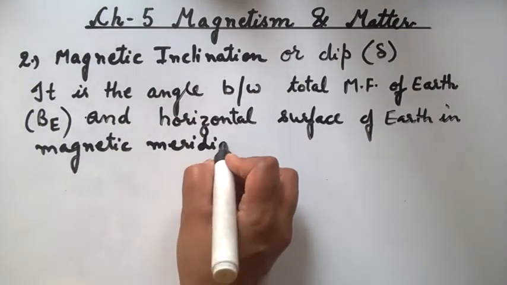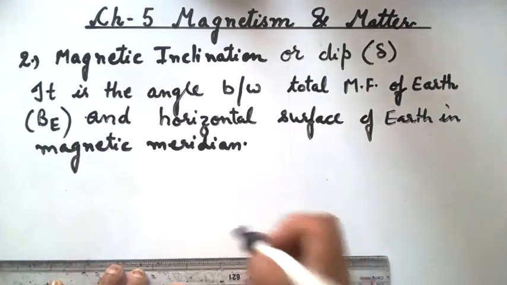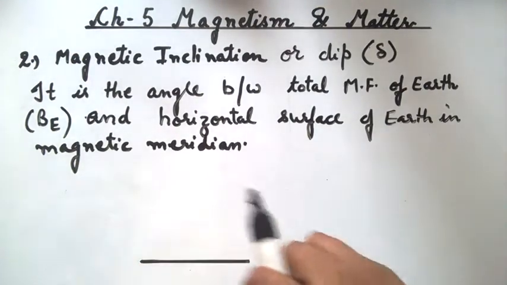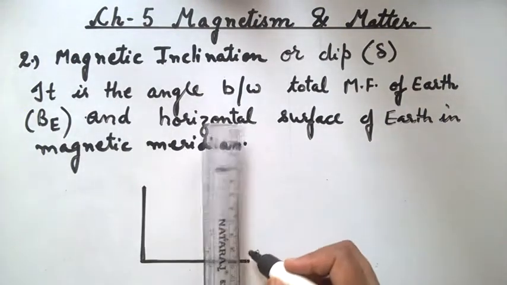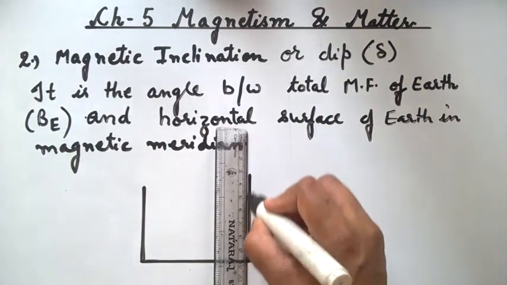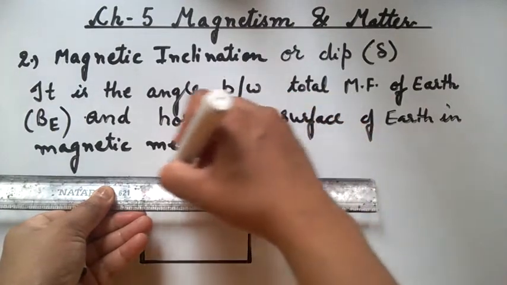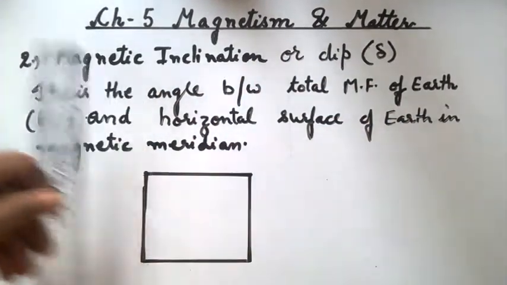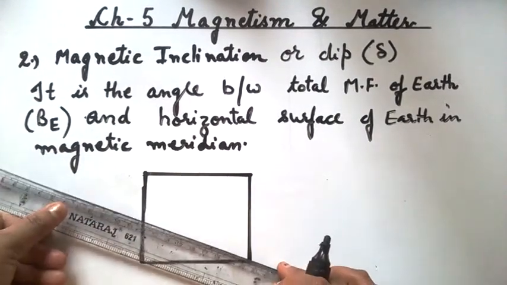Let's see it. This is the magnetic axis and this is its vertical plane. And geographic axis.